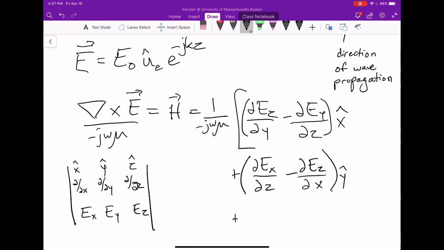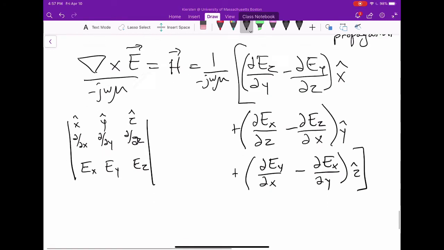And then lastly, we've got partial Ey partial x minus partial Ex partial y, in the z direction. All right, so that's our curl.